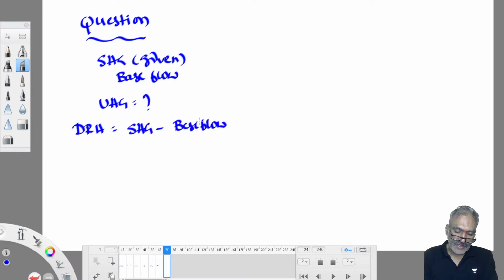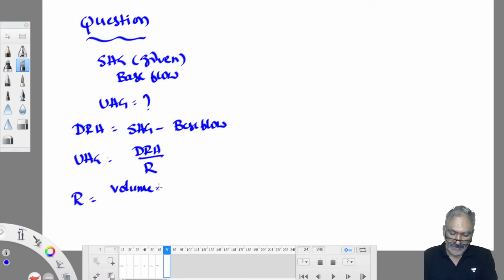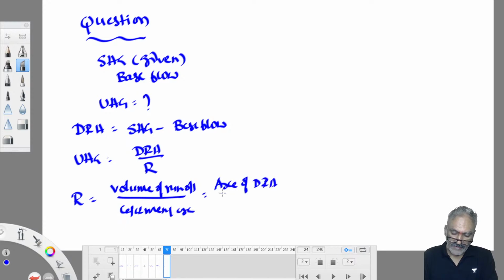Then the unit hydrograph is equal to the direct runoff hydrograph divided by runoff R. So how to find runoff? Once the direct runoff hydrograph is known, R is equal to the volume of runoff divided by the catchment area. How to find the volume of runoff? It is the area of the direct runoff hydrograph. The area of the direct runoff hydrograph divided by the catchment area A gives R.